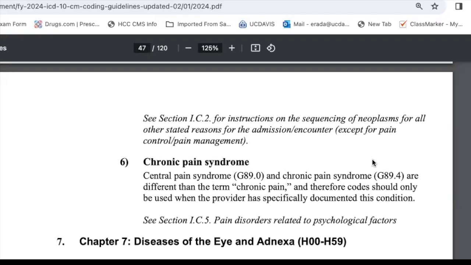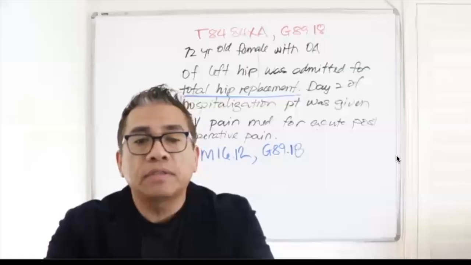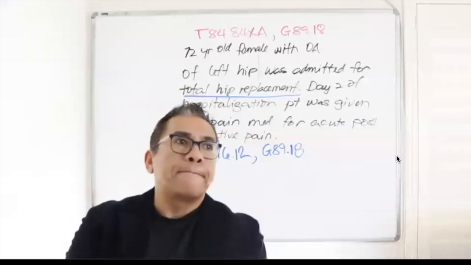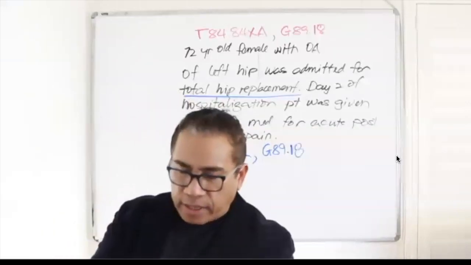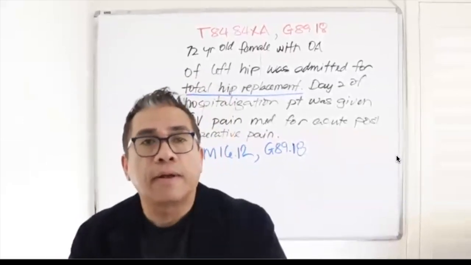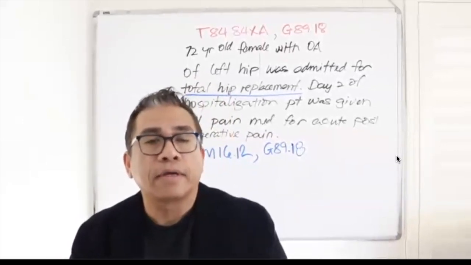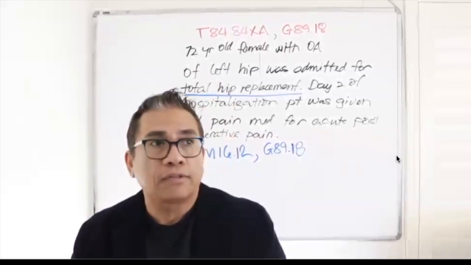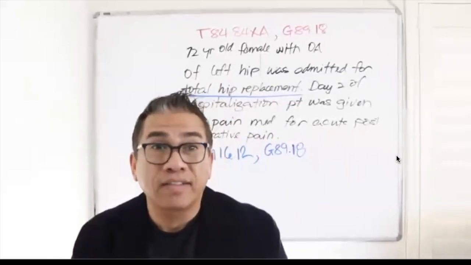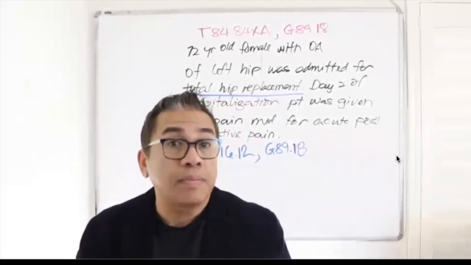Very rarely are these codes used because most doctors do not document that way. Most doctors are very specific in their reporting. If a patient has pain, the doctor will document the site of the pain.